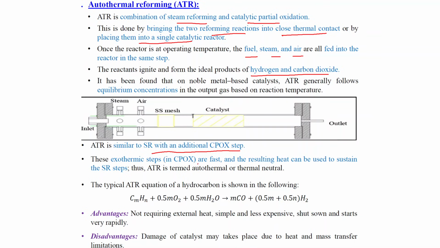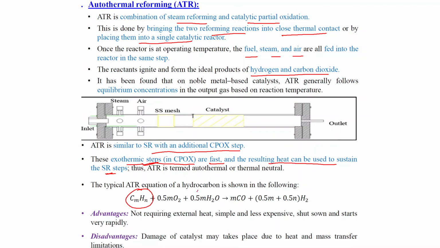The exothermic steps in catalytic partial oxidation are fast, and the resulting heat can be used to sustain the steam reforming steps, which are endothermic. So the heat generated in the partial oxidation is used to heat the steam reforming steps. Okay, so this is the typical reaction used for autothermal reforming.